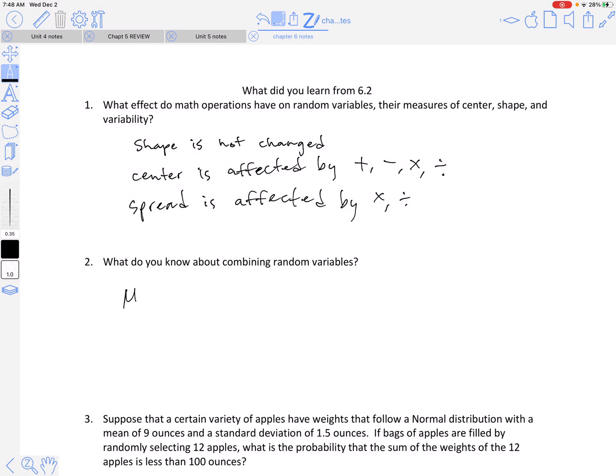All right, what do we know about combining random variables? Well, if you are asked to add two random variables, probability distributions, then simply add their means, and you don't have to go through all that work. If you're asked to subtract, same principle, just subtract them, and you're good to go. Standard deviation, on the other hand, is a little bit more tricky, right? You cannot add standard deviation, but you can add the variance.